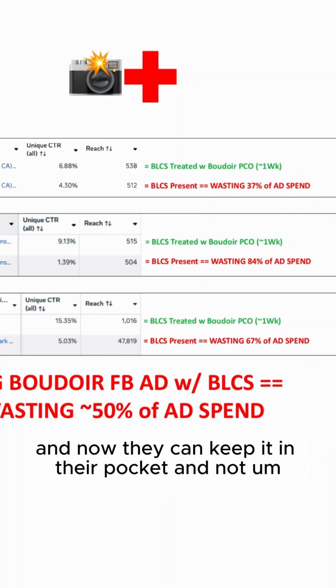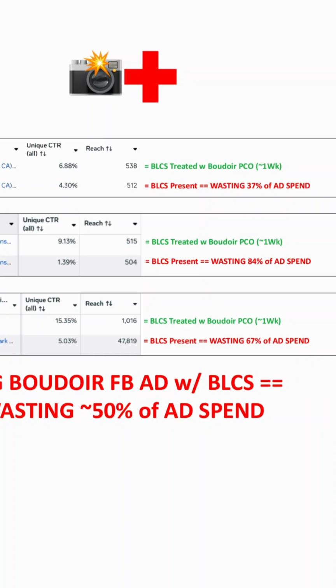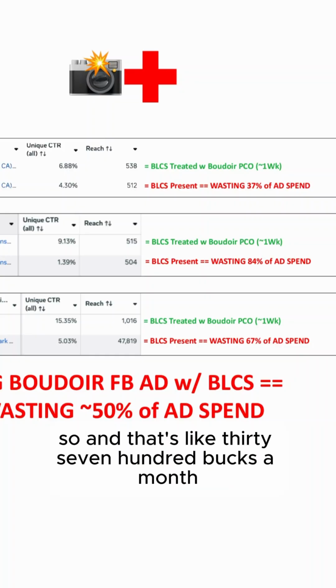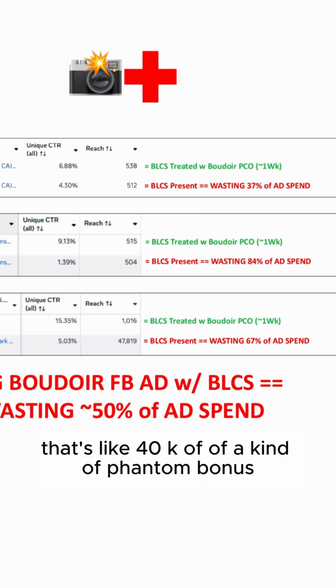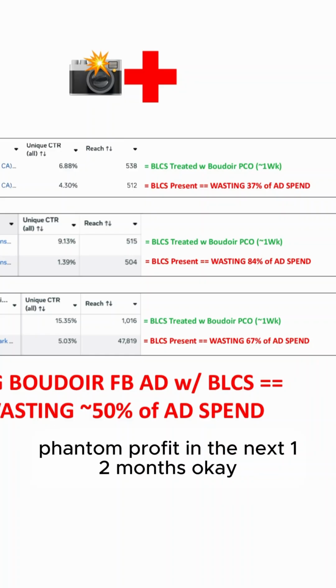And now they can keep it in their pocket and not actually waste it. That's like $3,700 a month, like 40K of phantom profit in the next 12 months.